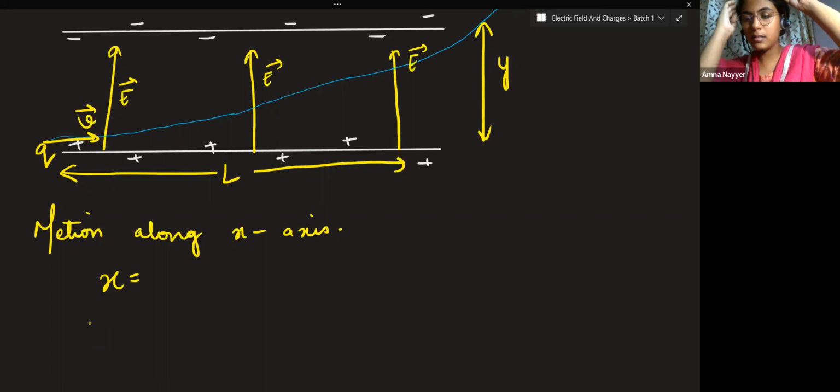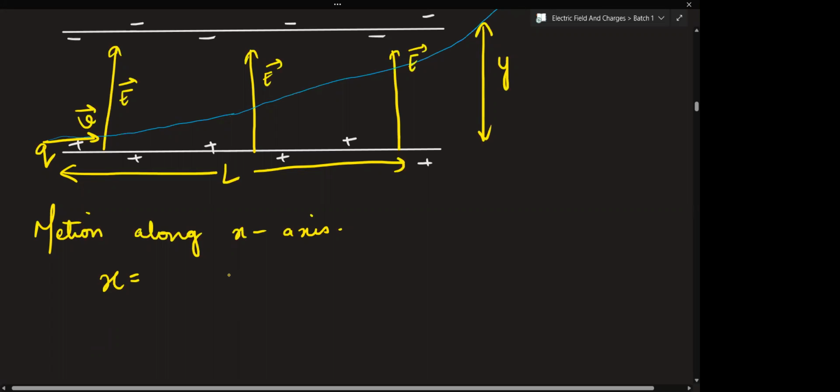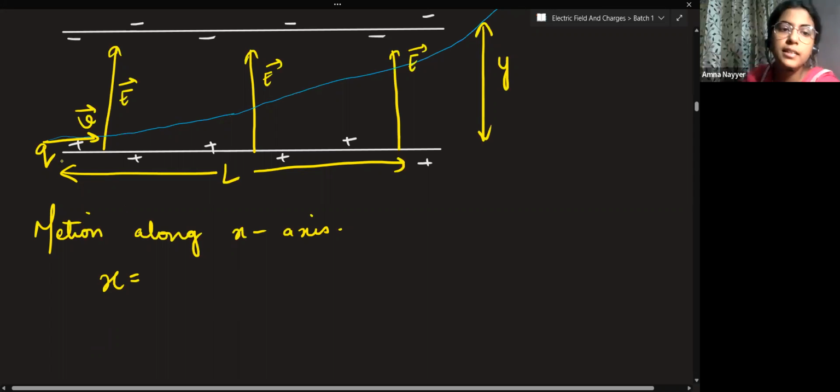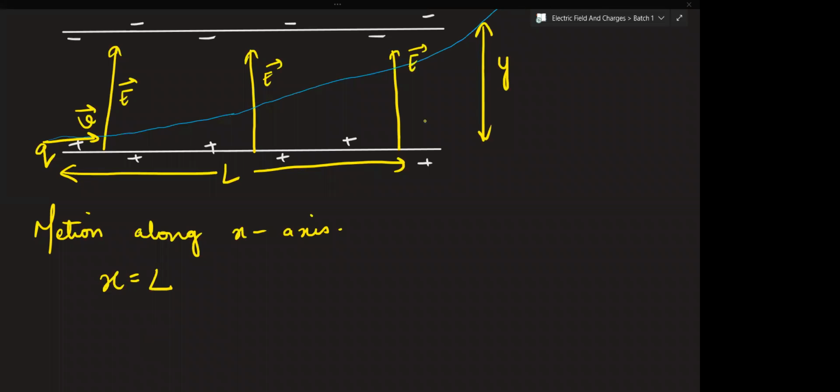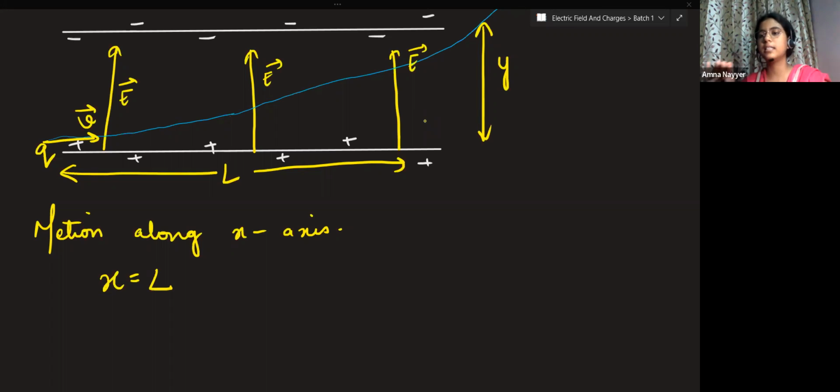Yes, L, capital L. Very good, Atif. If it is moving, then along the x-axis the distance covered will be L only. So x will be L. Do all of you agree to this?